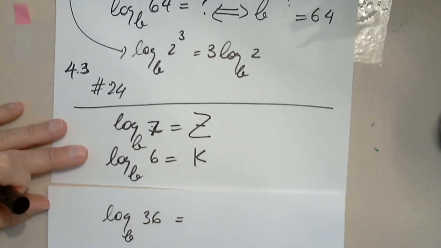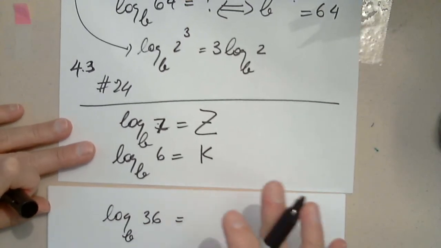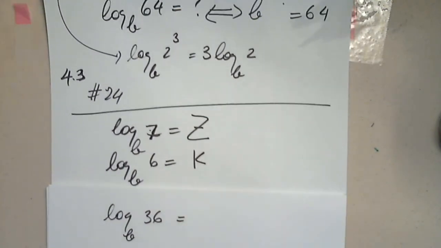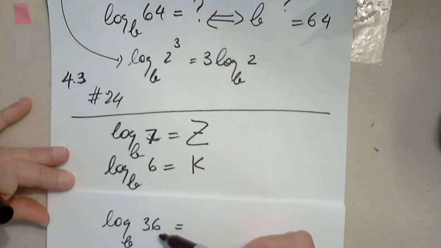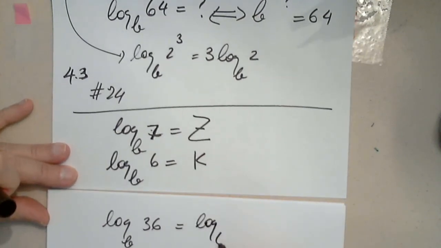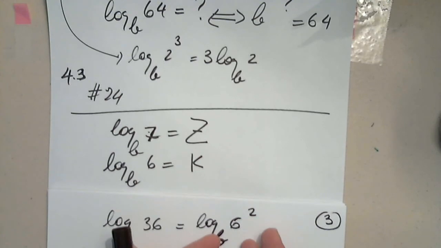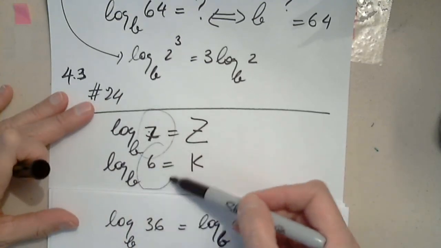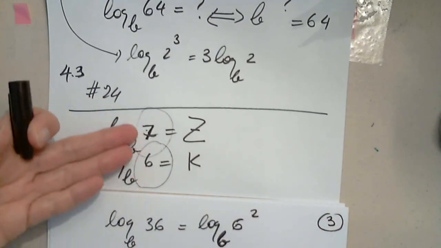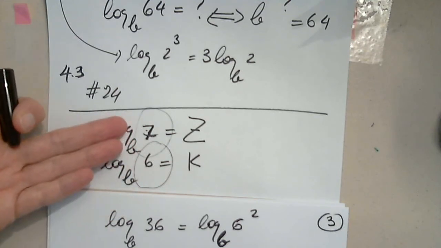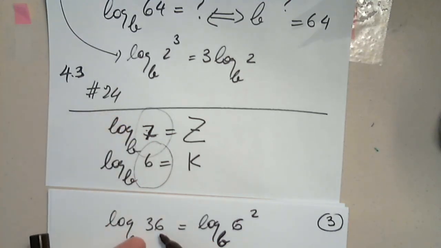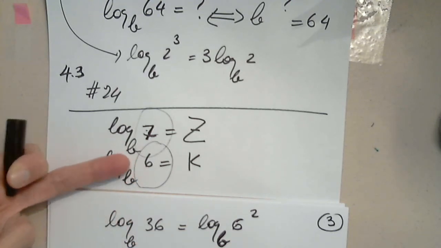Okay, I see. This is very simple. 36 is obviously the same thing as 6 squared. Would you agree with that? Yes. And you can say, why did you think of 6? Because that's all I have. I only have 7 and 6, so I have to think in terms of one or the other. And 7 has nothing in common with 36. My only option is to work on 6.